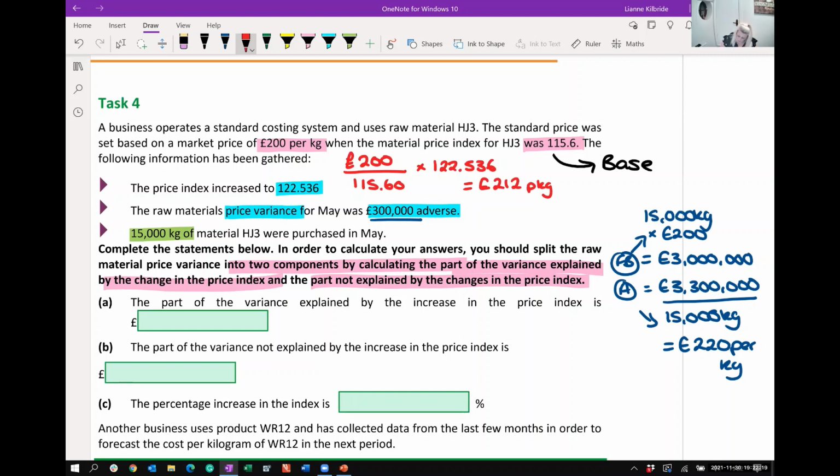So if we have actually paid, let's have a think, 220, and 200 is what we originally budgeted. We can see that increase of £12, we can explain that.